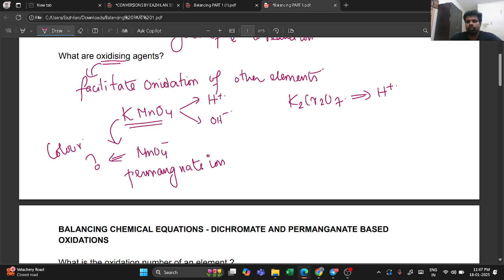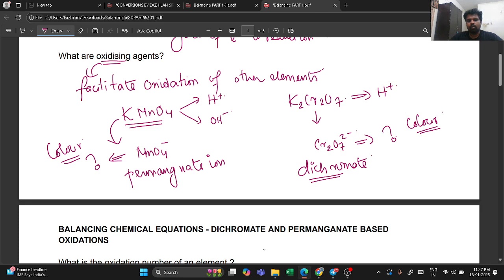In acidic medium it dissociates and forms dichromate ions, Cr2O7 2 minus. So this is your dichromate ion. Tell me the color of the dichromate ions in acidic medium. You can refer to your NCERT textbook and tell me the color of dichromate and permanganate ions.